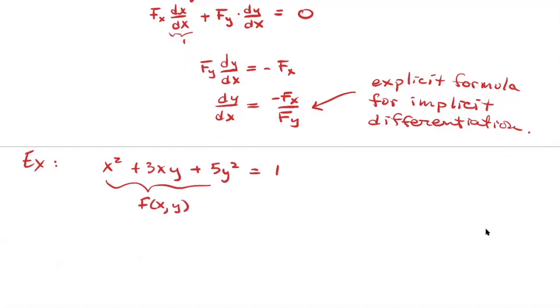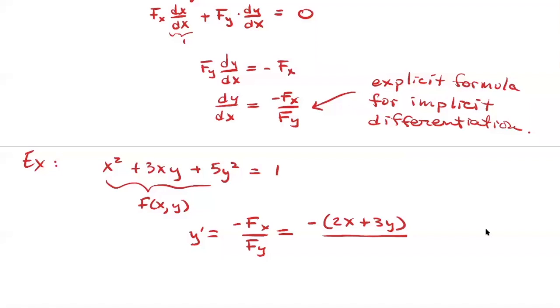And right off the bat, you know that y prime is negative fx over fy. Okay, so negative fx, this will be negative partial of f with respect to x. So that'll be 2x plus 3y over fy.